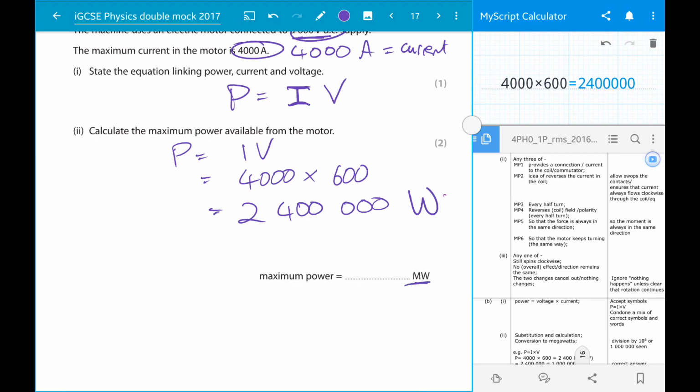But you've got to put your answer in megawatts. You need to remember that mega is a bit like a million. The actual word for it is mega, not million, but it's a bit like a million. So here you got 2,400,000 watts. So that's going to be 2.4 million watts or megawatts.